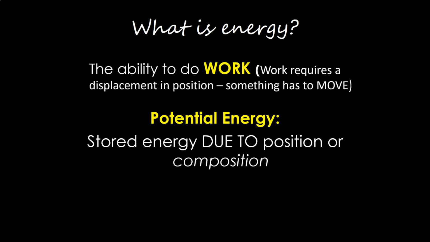Imagine if you climb really high up on a ladder. If you fall off, it's going to hurt a lot more if you're up high versus down low, right? You have a lot more potential energy the higher you get when you're climbing up that ladder. In chemistry, the potential energy is stored in the composition. So in the bonds, in the molecules, things like that, okay?